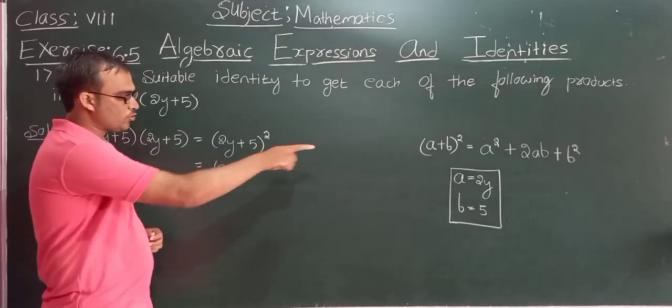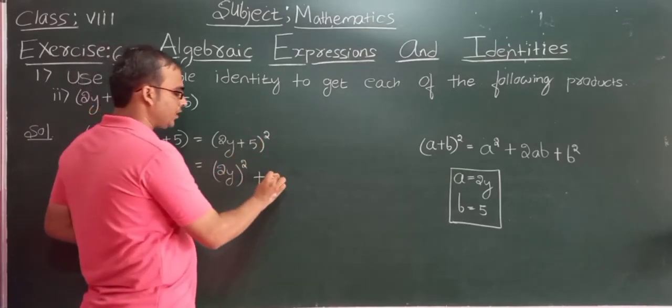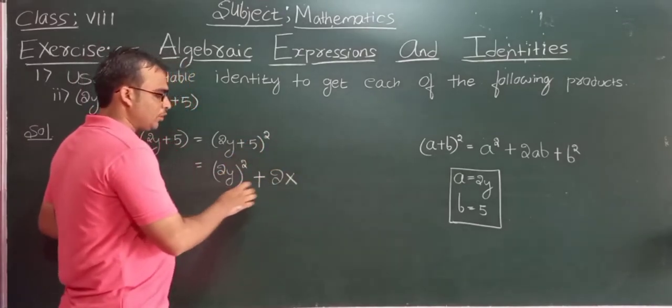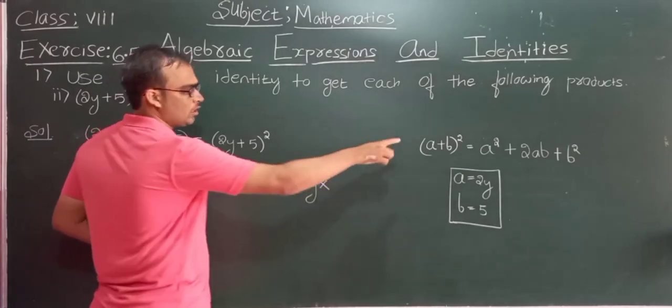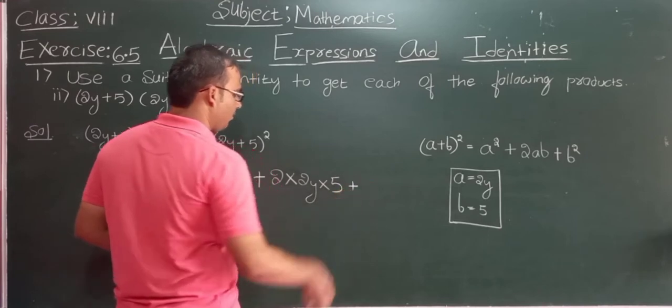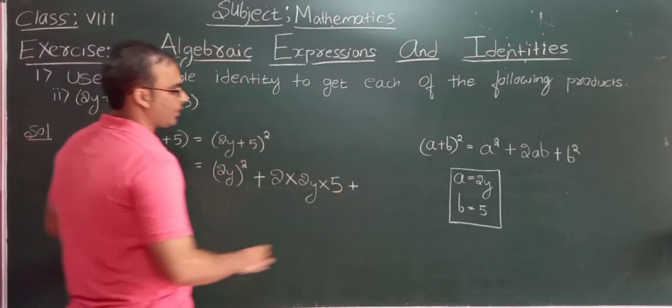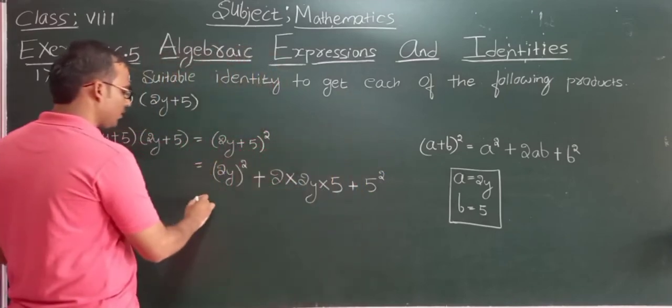Okay. Students, a square means 2i whole square, plus 2ab, that is 2 into a, what? 2i into b, that is 5. Plus b square, that is 5 square.